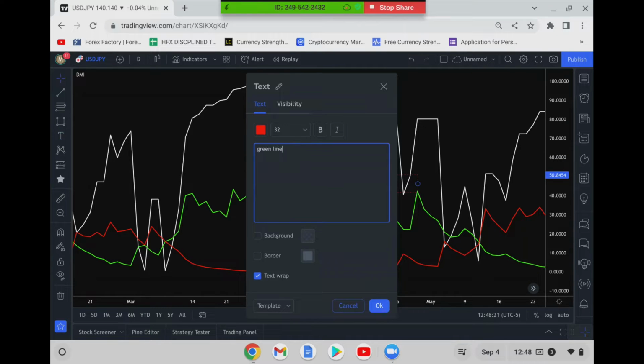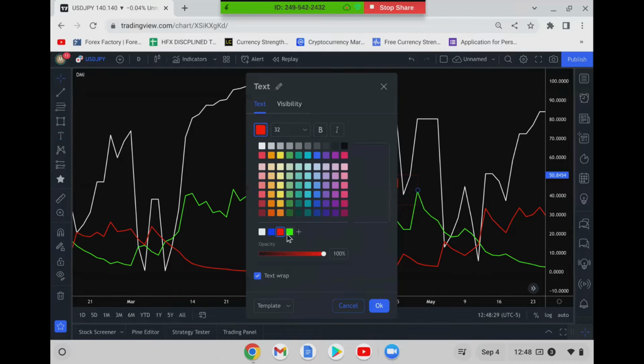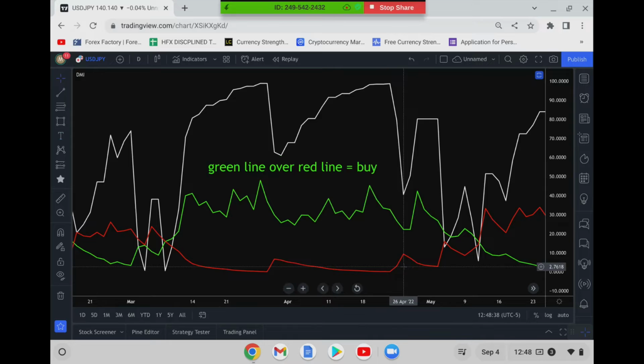Green line over red line, buy. All right, you guys. So again, when we have the green line crossing above the red line, that is an indication or a signal to get into this trade for a buy.